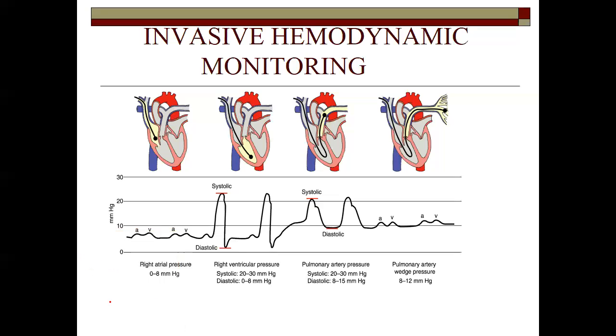This one here is their illustration, but you may see pulmonary artery wedge pressures. My drawing is not great, I apologize. It's all over the place, but usually this is a respiratory variation. We call it a rolling pressure.